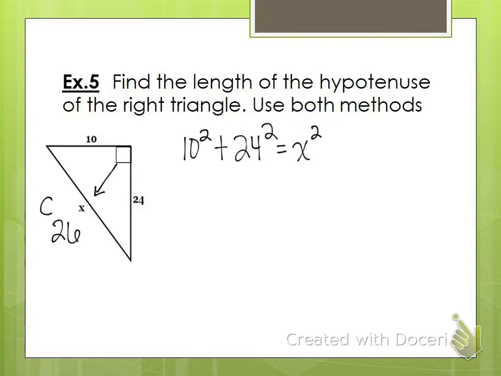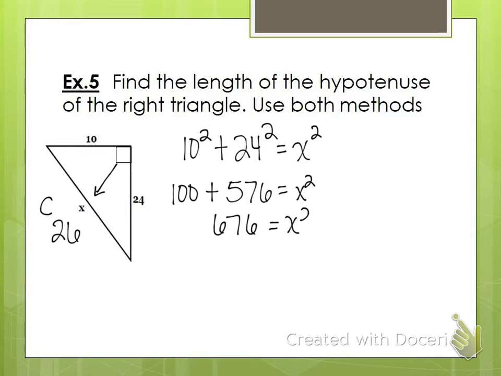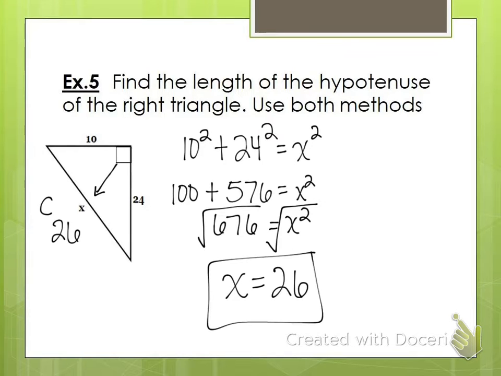And then X has to go in for the C spot. 10 squared plus 24 squared. Add them together. To get X alone, we should square root. Calculator comes in handy, but of course we should already know that the square root of 676 would end up being 26.